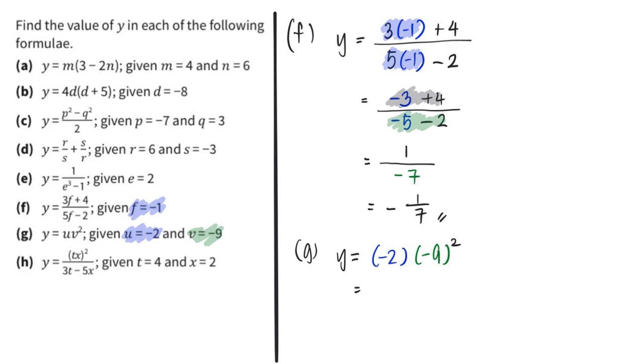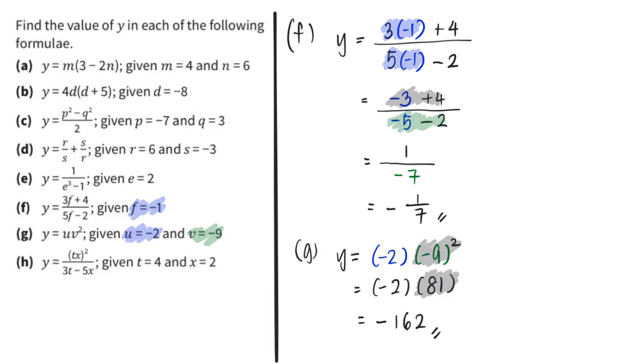You will see Mr. Tan writing this down first. I will have negative 2, negative 9 times negative 9, positive 81. This is positive 81. And after which, we continue to multiply, and that will give us negative 162.